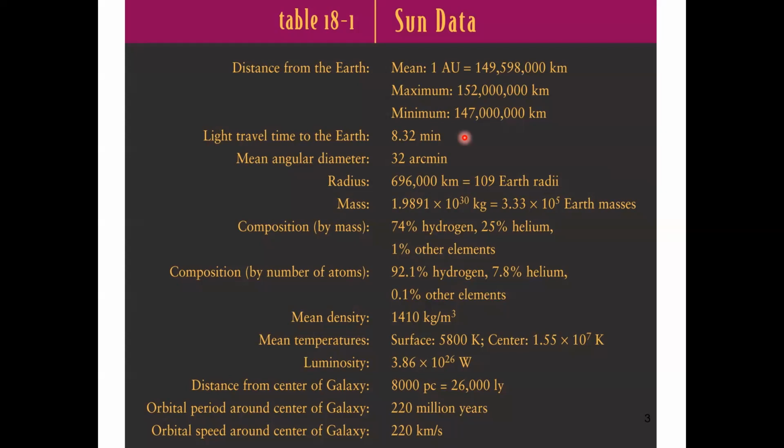If anything happens on the sun, even though you see the sun all the time, if something visible happens over there, you see it 8.5 minutes after, because light is traveling.